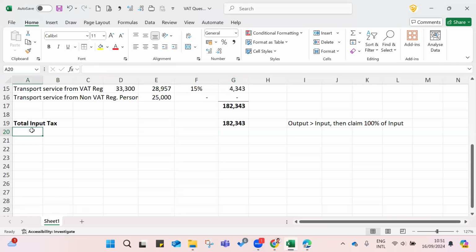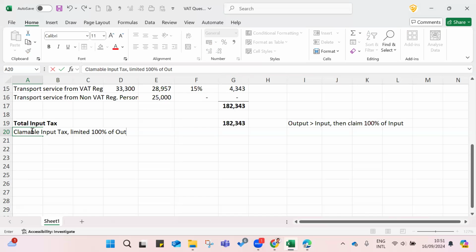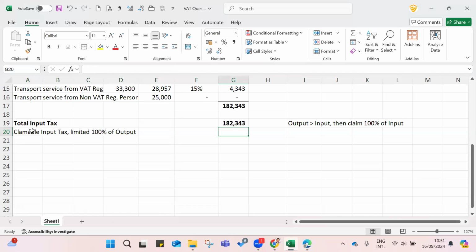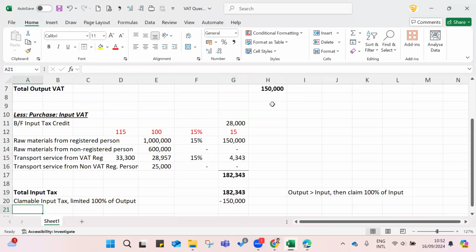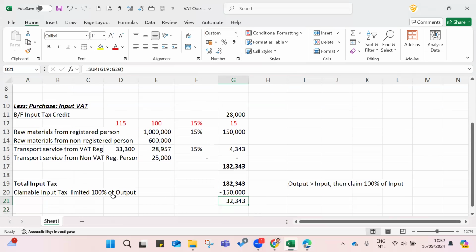Then total input tax and claimable input tax limited to 100% of output. How much? 100, 550,000. Then the balance you need to carry forward to next quarter.